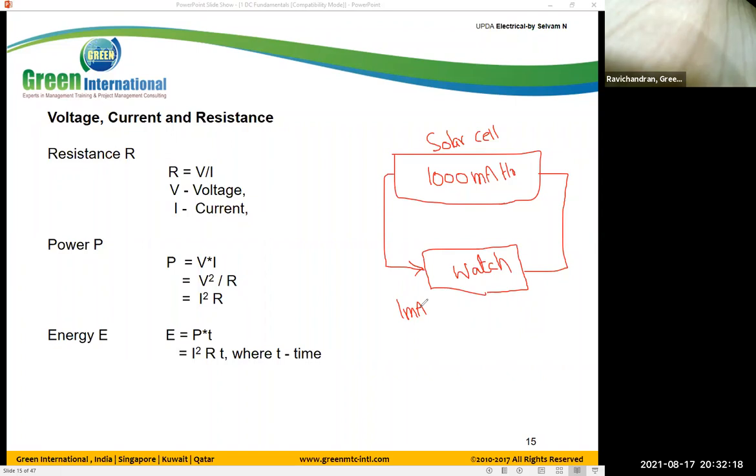So how do you find that? We need to calculate the lifetime of the battery in hours. What is the battery capacity? 1000 milliampere hour. This is the battery capacity. What is the current rating? 1 milliamp. So it is able to work continuously for 1000 hours.